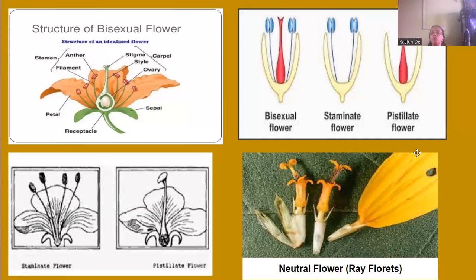Okay. Next, we move on to the bisexual flower. See, both the things are there, male part and the female part. Here, staminate flower, only the stamens are there. Pistillate flower, only the pistil is there. And the neutral flower is the ray floret, which has only the carpel, but it does not function. So that is why it is known as a neutral flower.